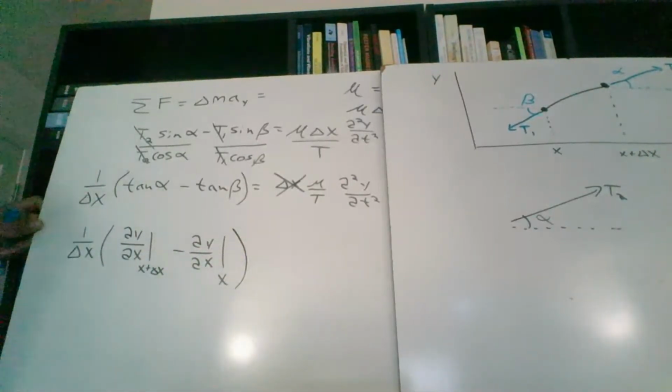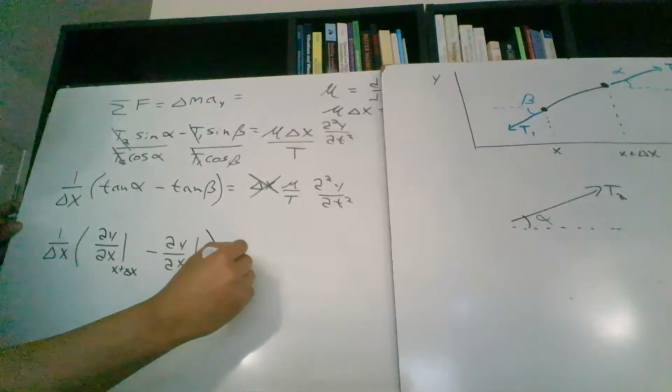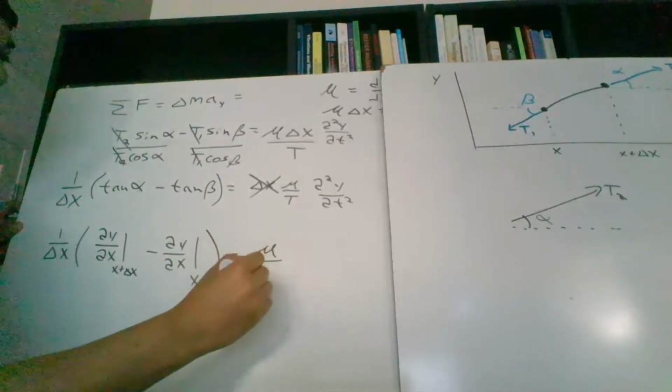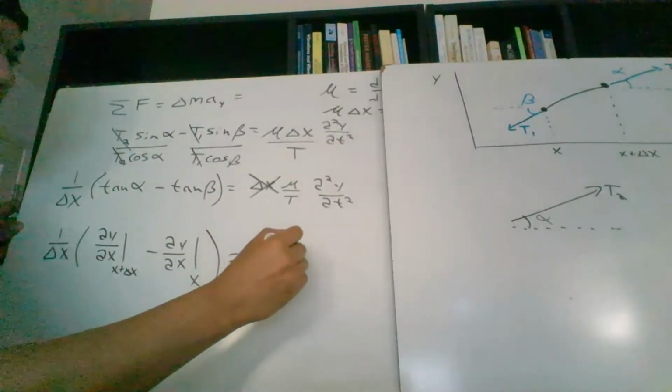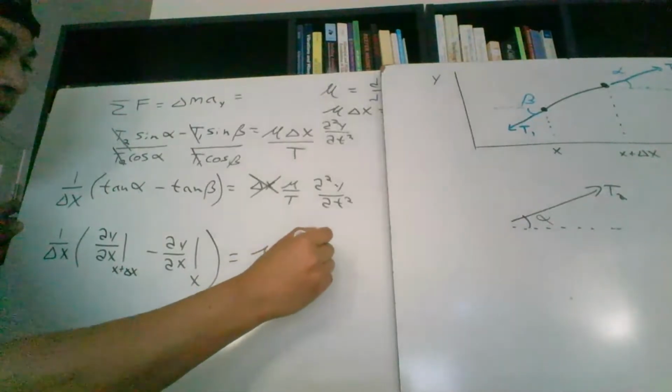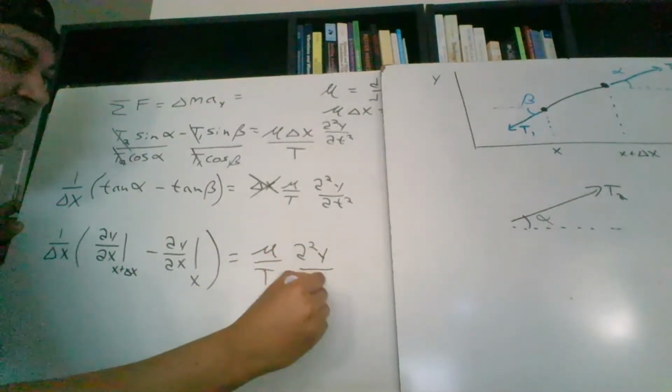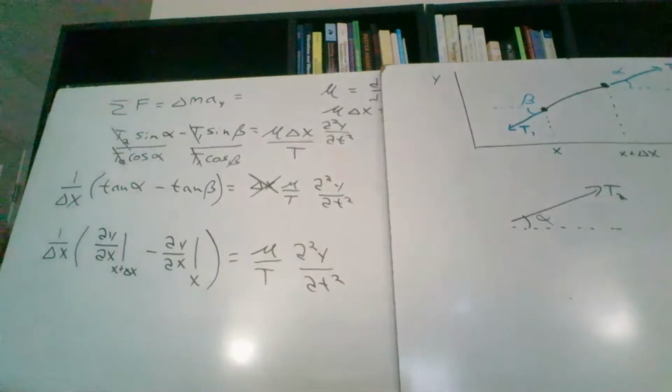All of that is equal to mu over the tension d squared y over dt squared. We're just about finished here.